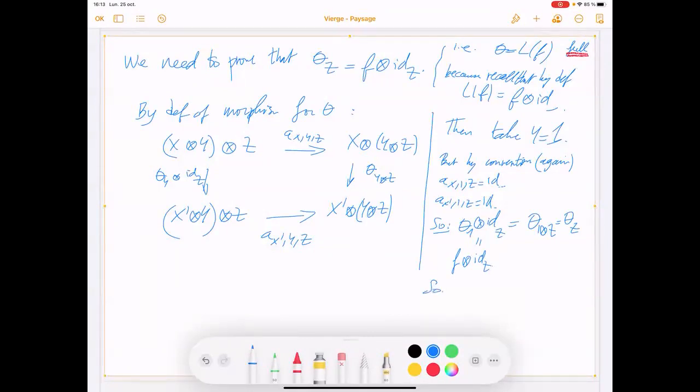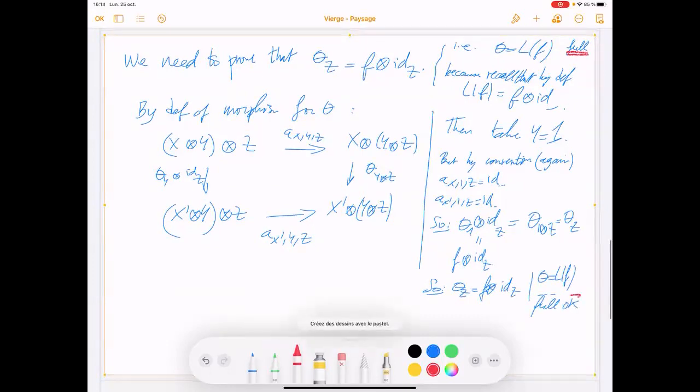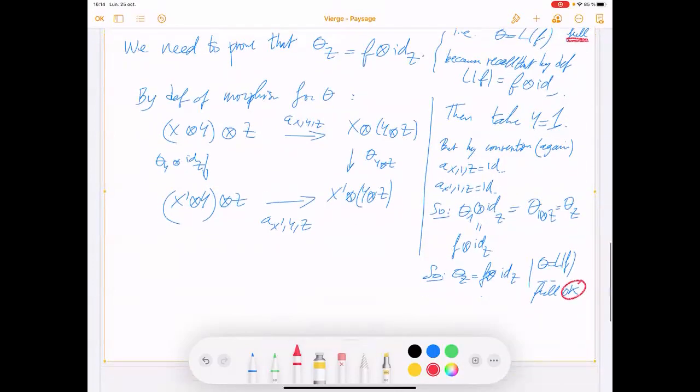So theta z equals f tensor identity of z. Theta equals f of L, etc. So this is full. Okay, so L is full.